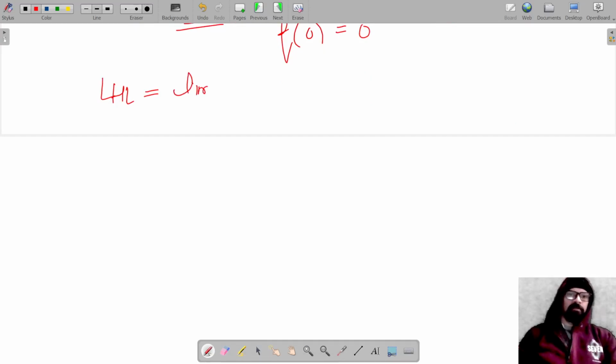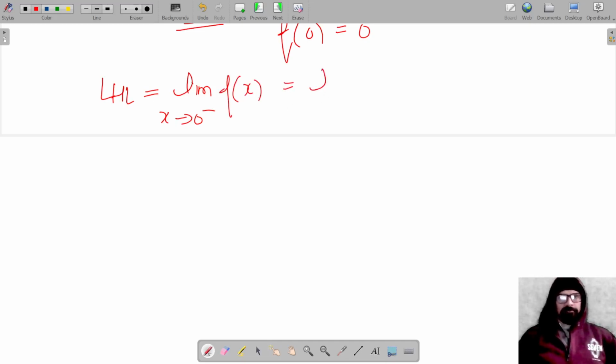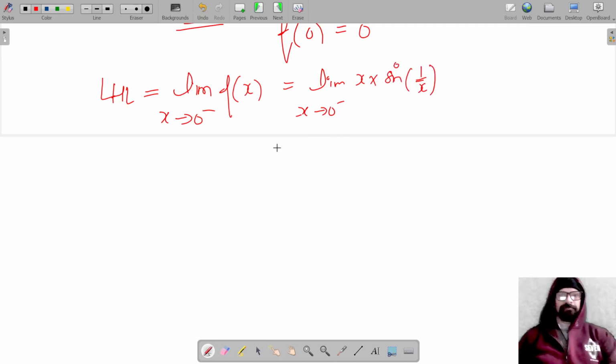The left hand limit is given by limit x tends to 0 negative f of x, and this is the function.